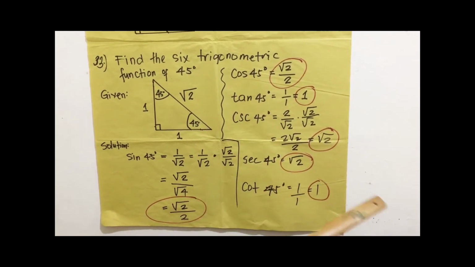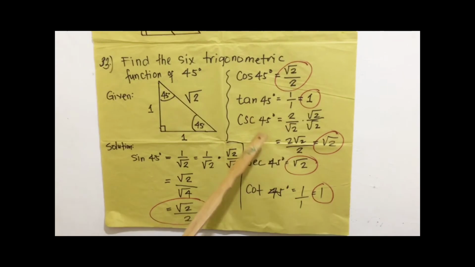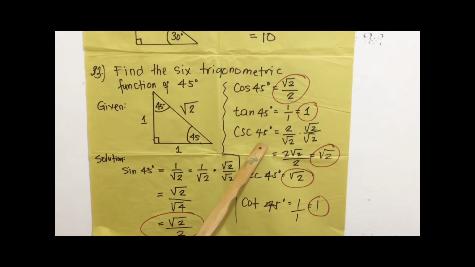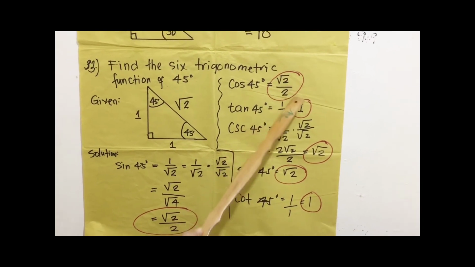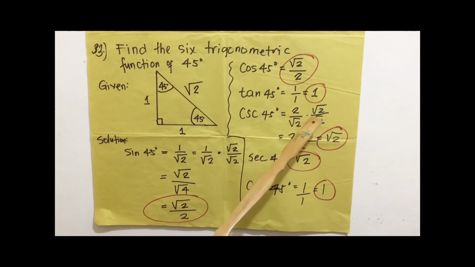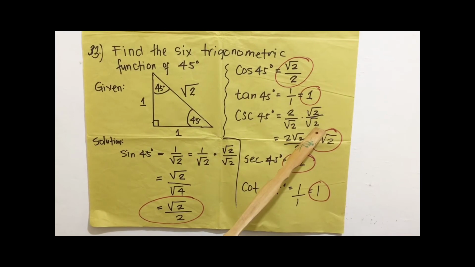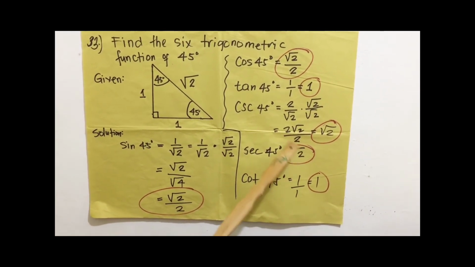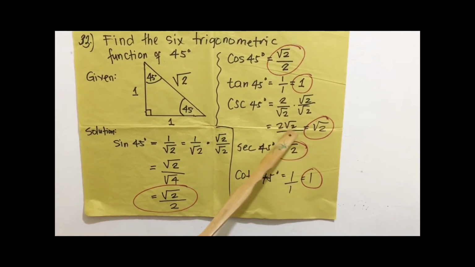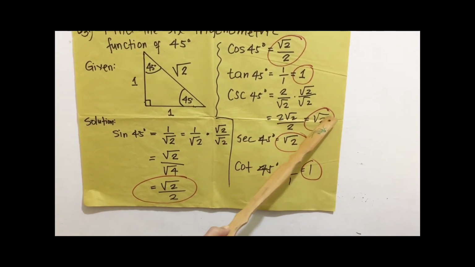We have the same answer for the cos 45 degrees. But here the secant 45 degrees is the reciprocal of this number. So square root of 2 over 2 becomes now 2 over square root of 2. We're going to rationalize. So it becomes now 2 square root of 2 over 2. Then we're going to cancel 2 over 2. So that's why the answer is the square root of 2.